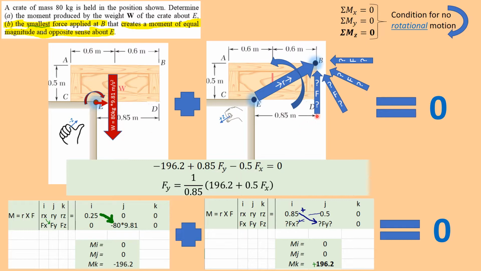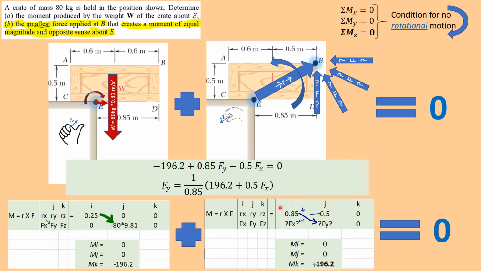So here is our second pair with our position vector coming from E up to B. So over here at our cross product, we're going to the right 0.85 and we're going up 0.5. That's just the dimensions of the crate from E to B. So positive, positive.